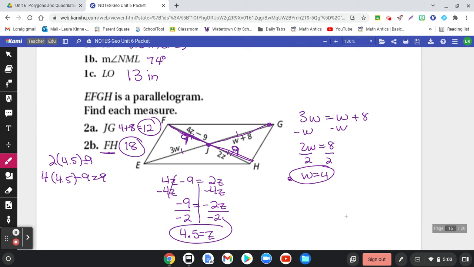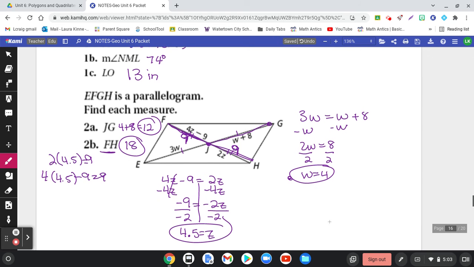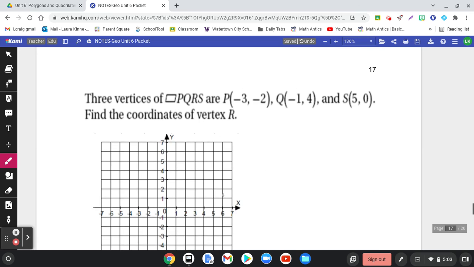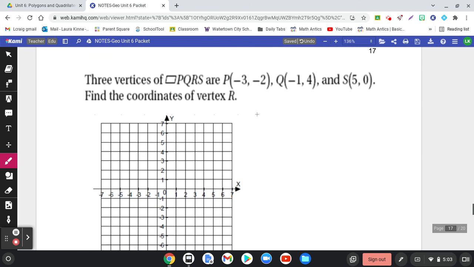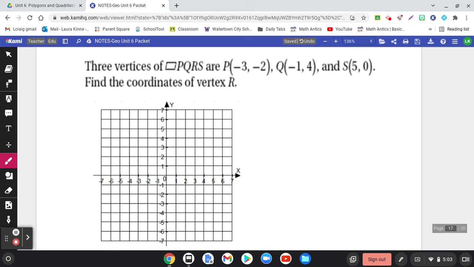All right, last question is on the bottom of your page 16. It got bumped to my page 17, but that's okay. So it says 3 vertices of parallelogram PQRS are here. Find the coordinates of vertex R. Well, if you have points, plot them. Negative 3, 2, go back 3, down 2.